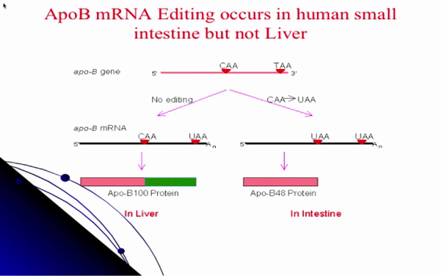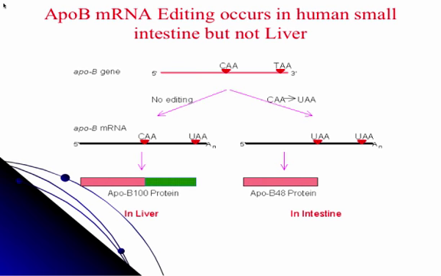So now that mRNA goes into the cytosol and is translated into this protein. When the ribosome is moving through the mRNA, when we get to this central part, the ribosome puts in a glutamine, keeps going until we get to this stop codon. And that's it. Poly A tail, we're done. This is ApoB100. This is what happens in human liver.